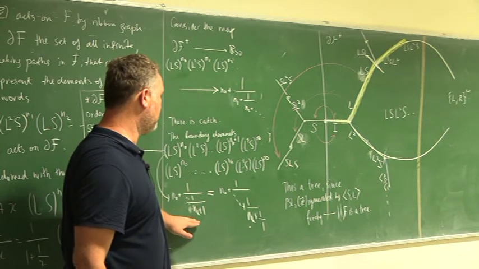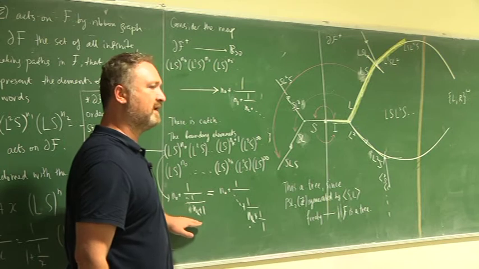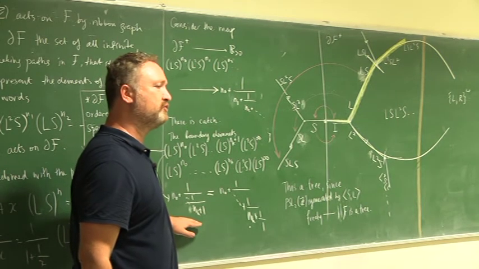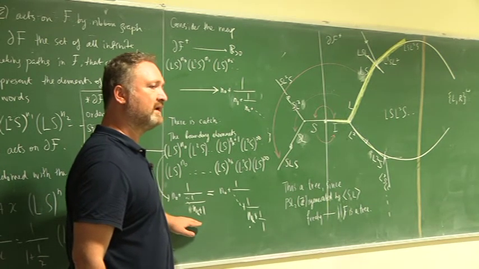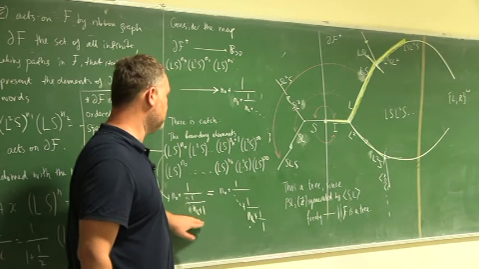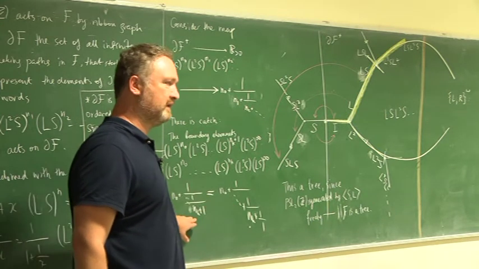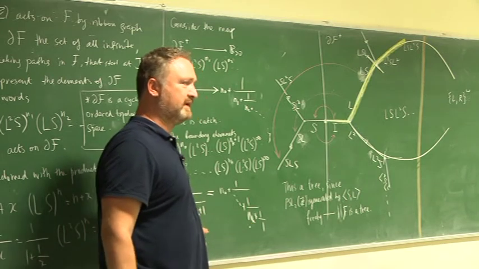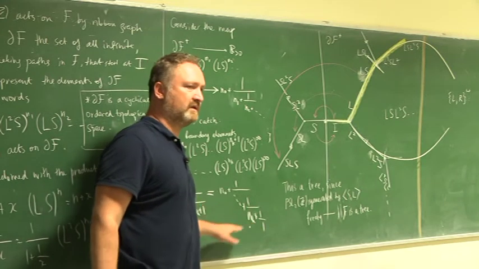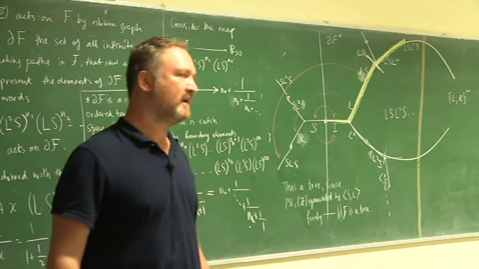This 2-to-1ness is just because every rational number admits two simple continued fraction representations, which is this and this. I hope that you see that these two give equal rational numbers.